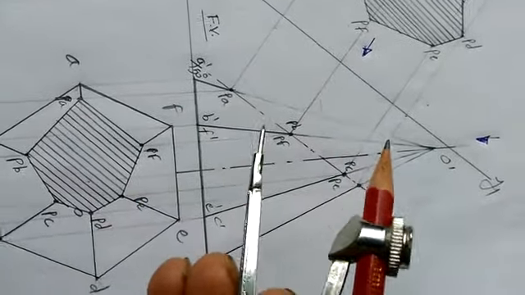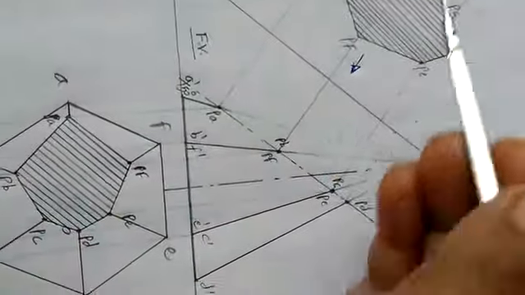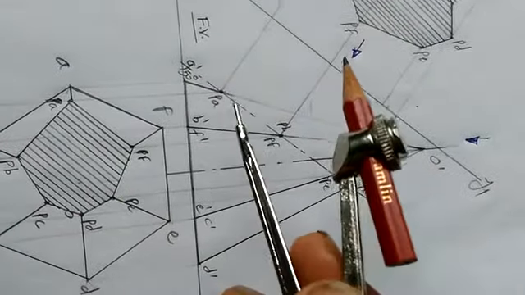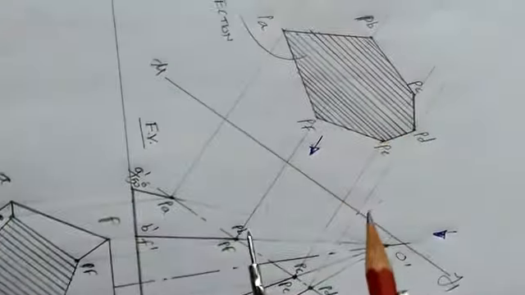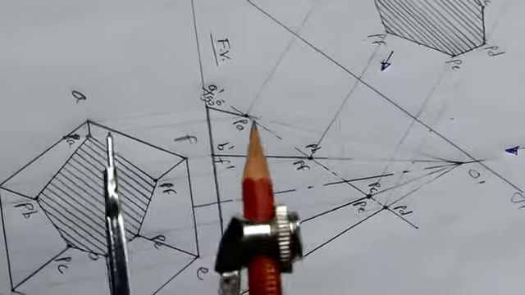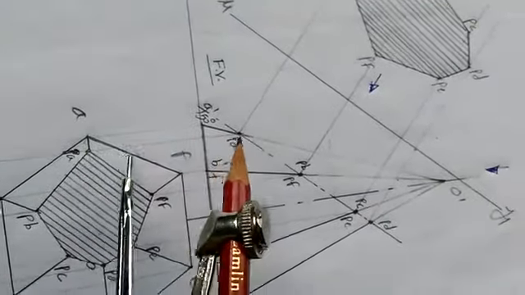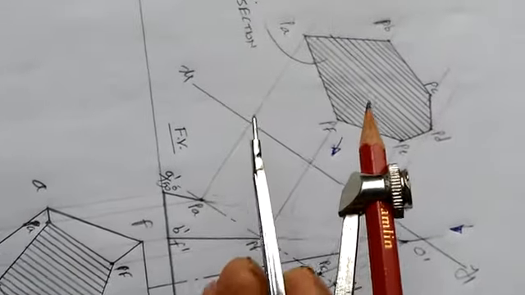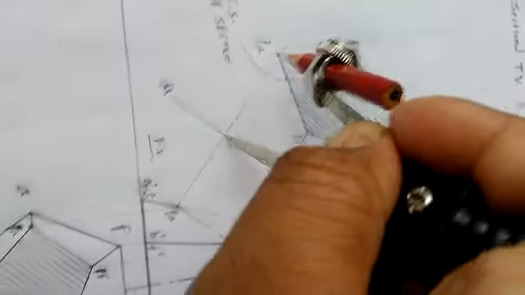Prior to that, just like the earlier problem, you have to create projectors through PA to PE normal to this surface, and stretch them beyond this auxiliary reference line x1 y1. Now pick this distance PA below the XY line, follow the projector in this way, come over here, and beyond x1 y1 transpose the same distance.